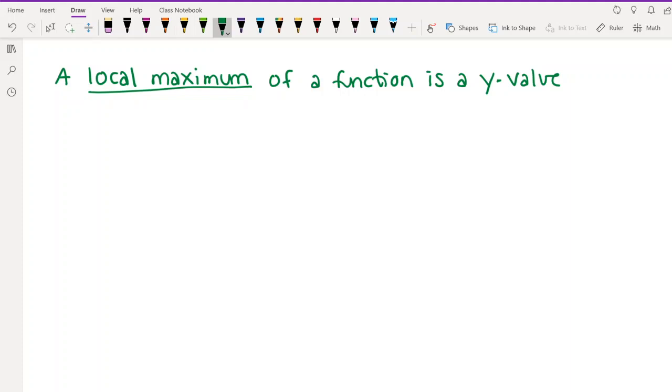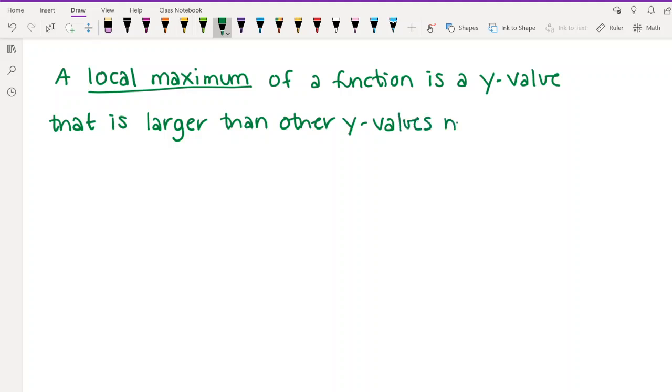So it's a y value that is larger than other y values nearby on the graph. So not necessarily the largest point in the whole graph, but higher than the points nearby.